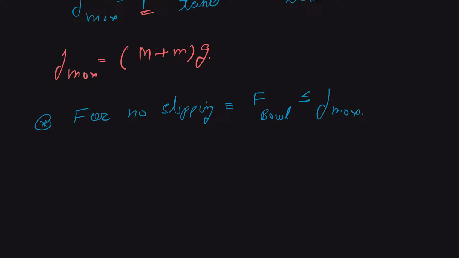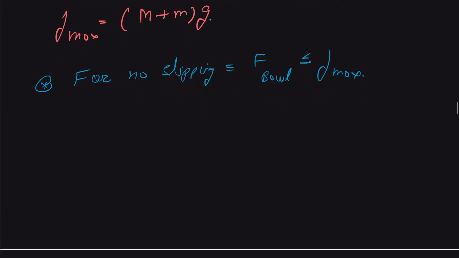We know both the values, so substitute them. The friction because of the ball is mg(2 minus cos theta) sin theta, which will be less than or equal to (M plus small m) times g.